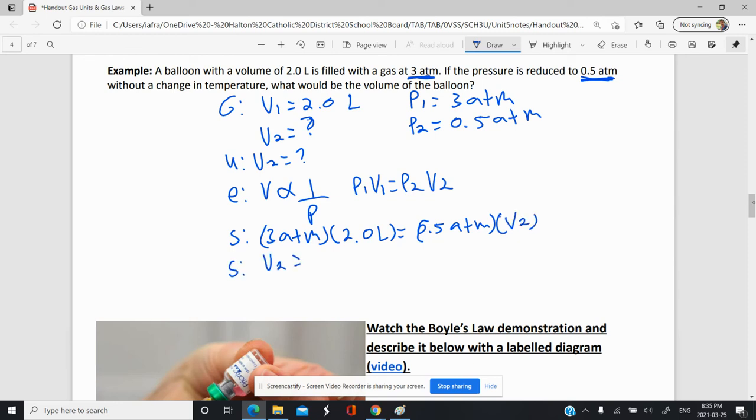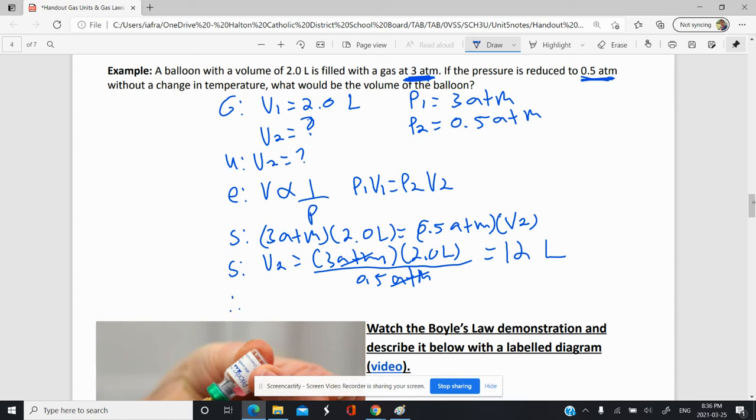So V2 is equal to 3 atm times 2.0 liters over 0.5 atm. Cross atm's out, and you get 3 times 2, and then divided by 0.5 is 12 liters. And you can see we have 1 sig fig is our smallest amount there.